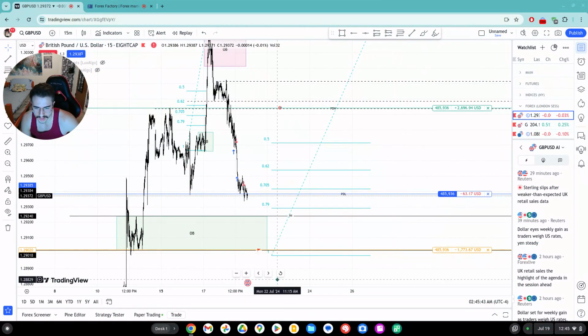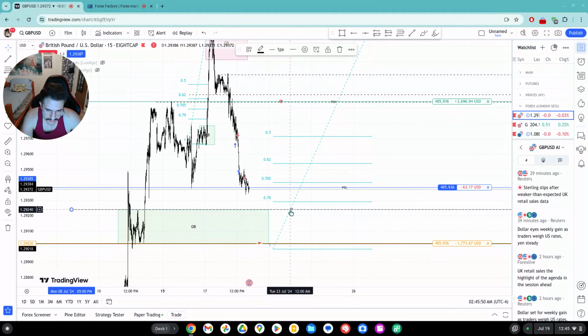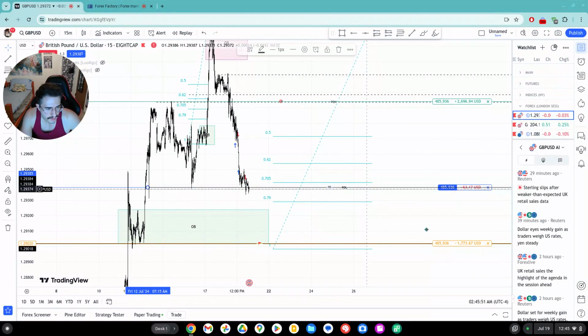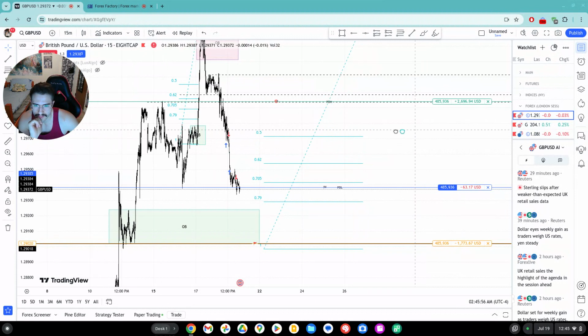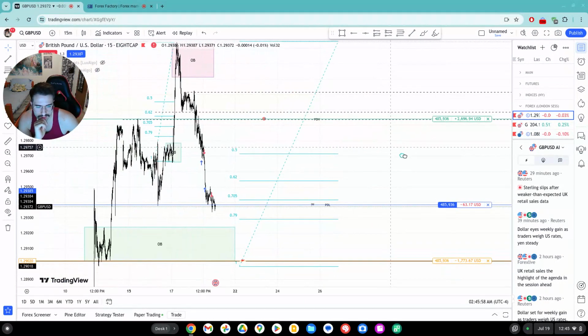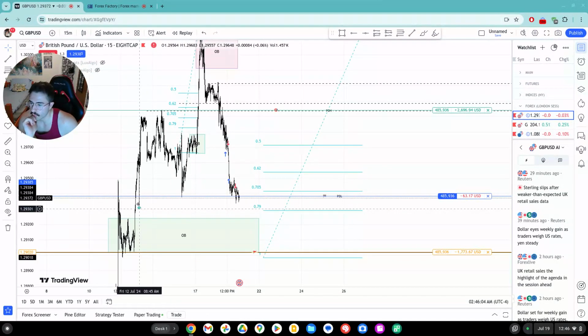I might go to the lower time frames here and actually look for an entry. That does give us less of a risk to reward by trying to get in there. But you see this wick here?